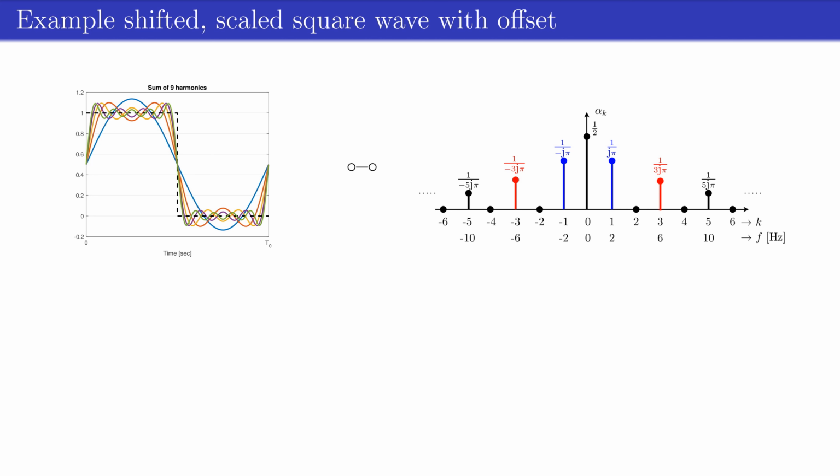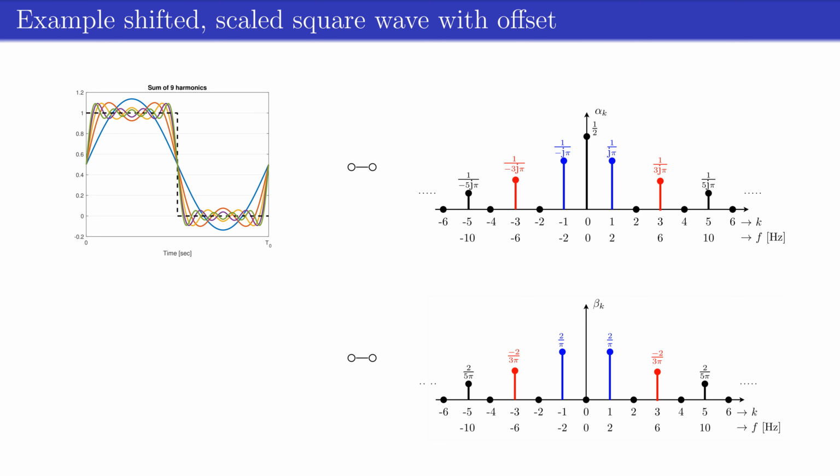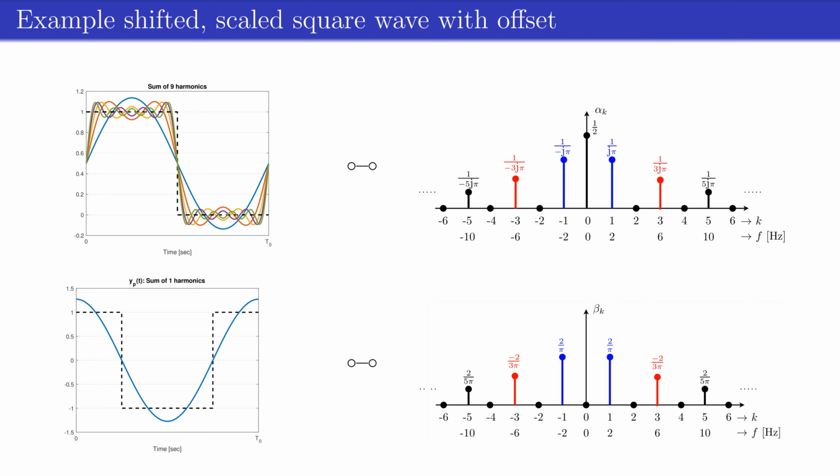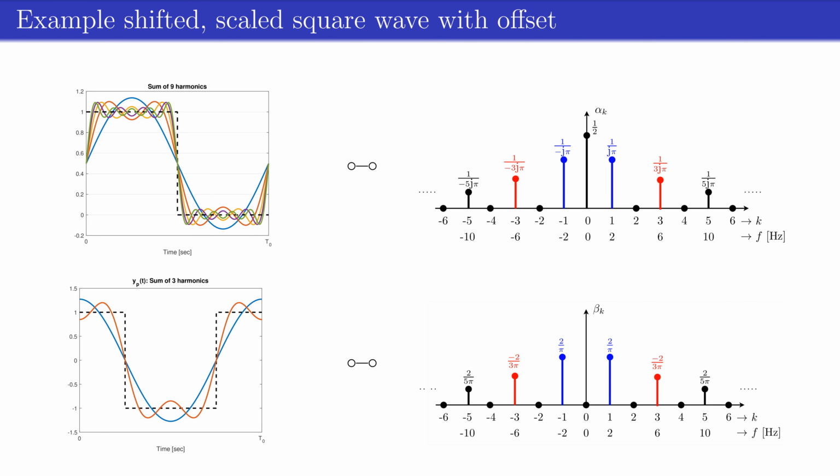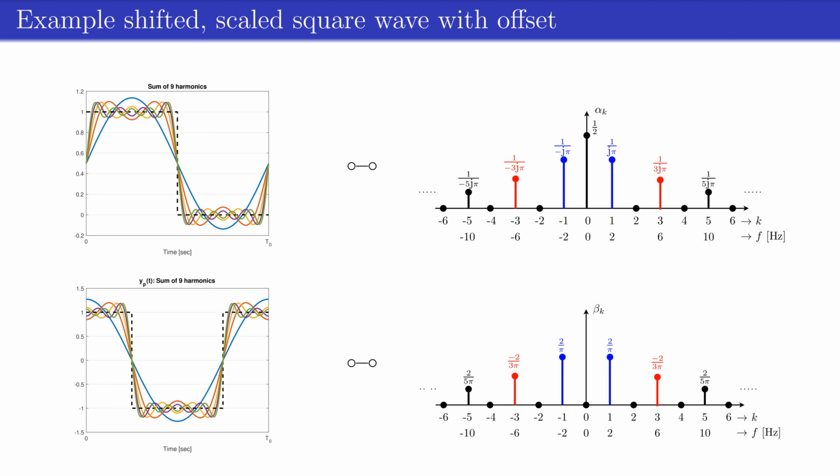We've seen before how we can construct an approximation of the periodic signal xp of t by using more and more spectral weights alpha k. Of course, we can do the same with the new periodic signal yp of t. By using more and more weights, the approximation becomes better and better.